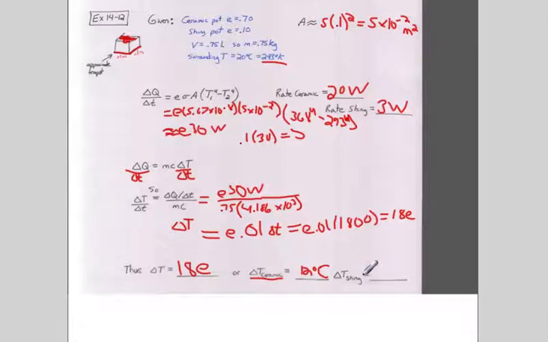And for the shiny pot, it's going to be about 2 degrees Celsius. So notice that the shiny pot has a big advantage because it didn't lose nearly so much temperature. Remember, these represent how much temperature has been lost, and that shiny pot did a lot better there.